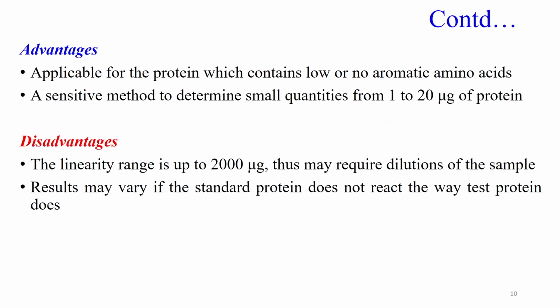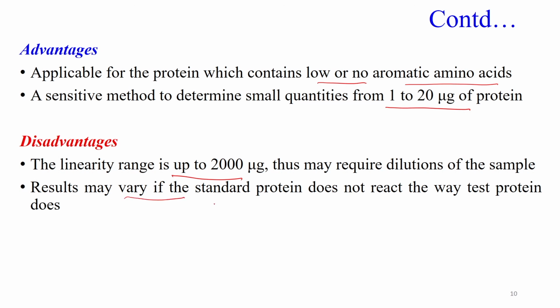The merits include that it is applicable for proteins which contain low or no aromatic amino acids, because it also binds to the basic amino acids, its sensitivity lies in the range of 1 to 20 micrograms of protein, and it is directly interacting with the protein molecules. It has some demerits, like its linearity range is only up to 2000 micrograms, so it requires dilution of the samples.